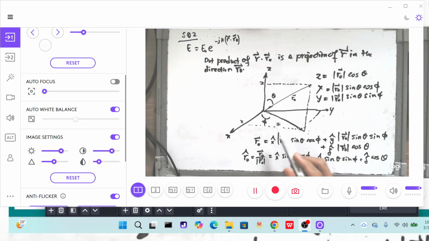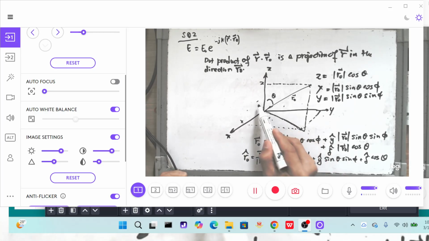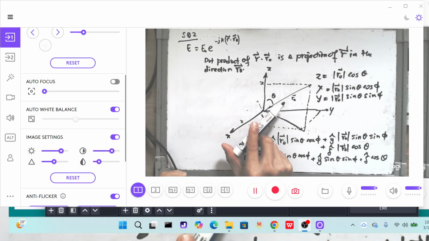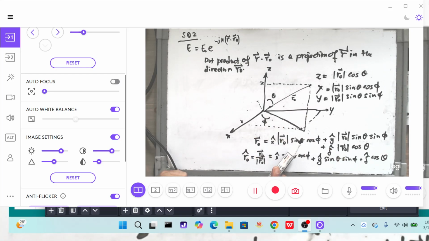Now, for exactly the same reason, if you have any antenna array in the XY plane, for example, in this case you have one here, one here, one here, one here, then we can use the individual position vectors and take the dot product with this one, and get the equivalent radiation pointing to the direction of propagation, the direction of your choice.